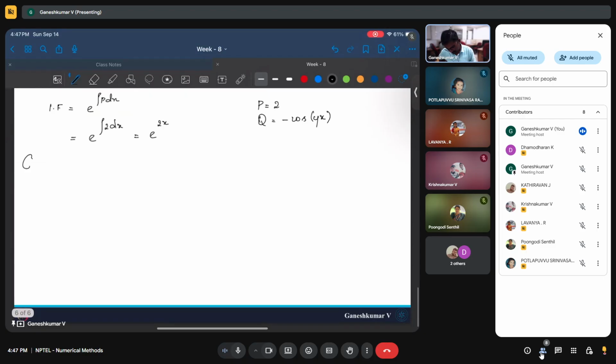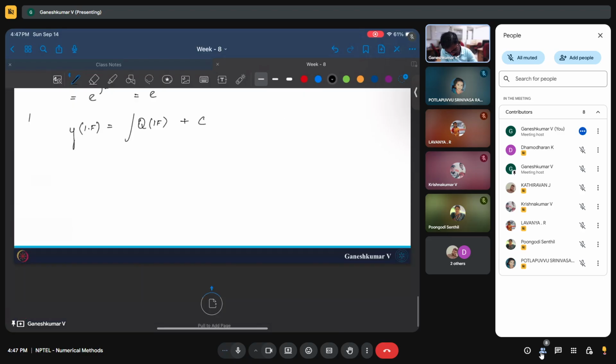And what is your general solution? y into integrating factor equal to integral of q into integrating factor plus c. This is your general solution, right?